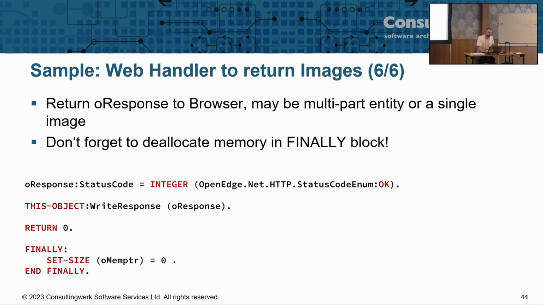Right, oh yeah. And when you are working with mem pointers, then you finally have to do a set size 0 to empty the mem pointer. I shortly said already that PASOE is a multi-session, multi-threaded agent.